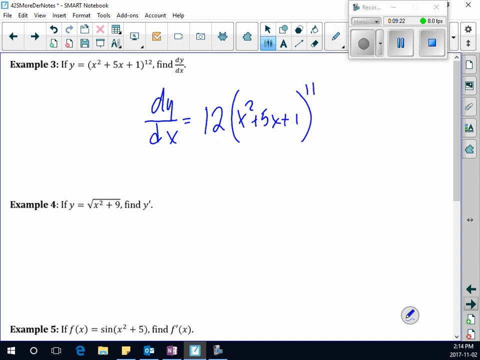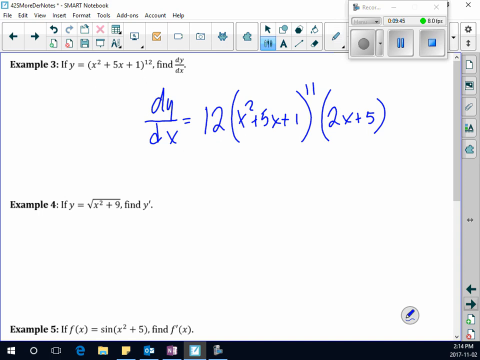No. Then it's times the derivative of the inside, which is 2x plus 5. So then we would simplify as... I don't know if I would. I would just leave it like that. Yeah. Okay.